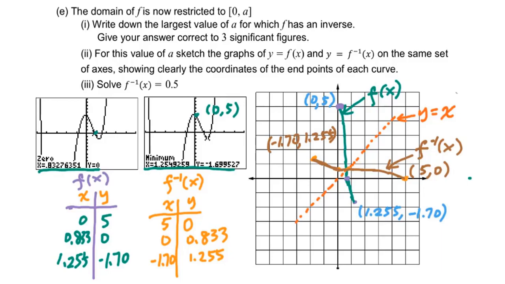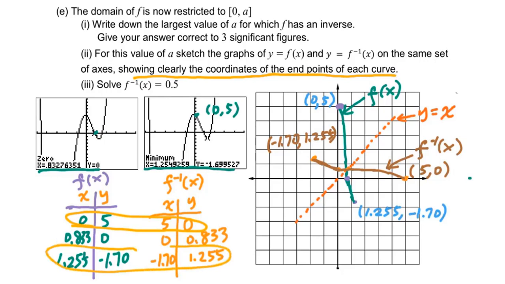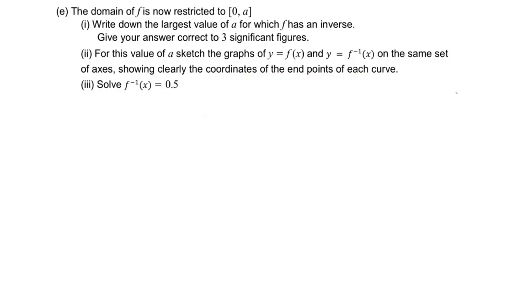The question asks you to show clearly the coordinates of endpoints of each curve. Basically, these 4 points. Last question, solve inverse of f(x) equals 0.5. Basically, we are looking for f of 0.5.